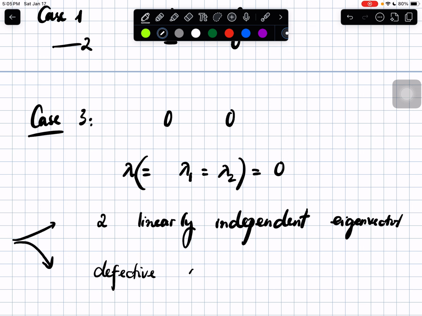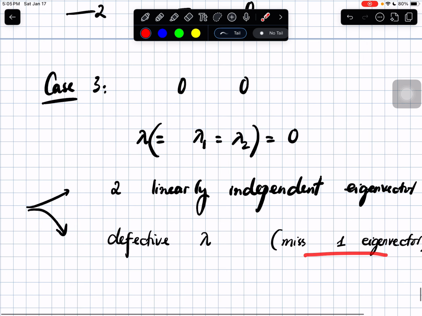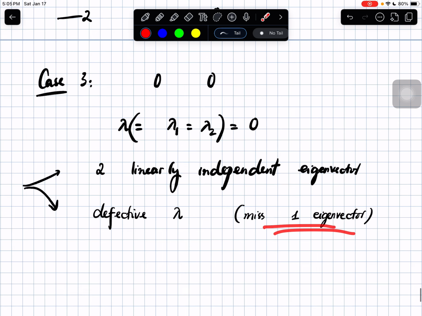Defective lambda means we missed one eigenvector. We have one actual and are missing one independent eigenvector. So in this case, the geometric multiplicity of 0 is 1. We need to find the generalized eigenvectors.